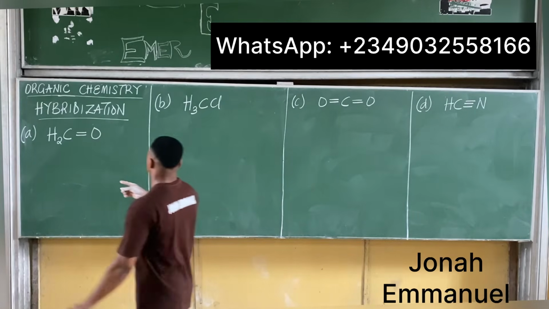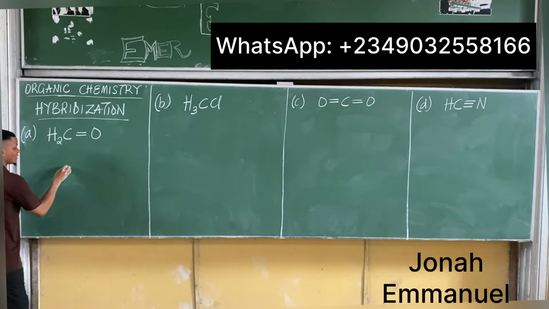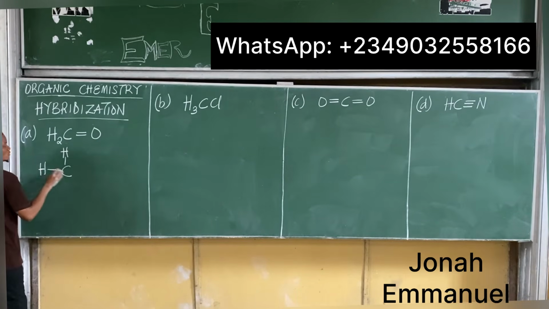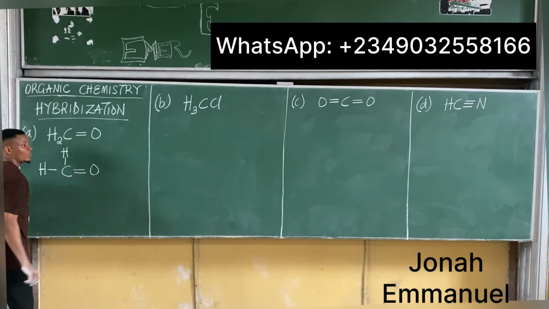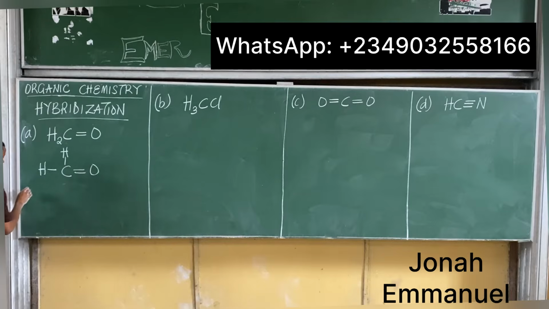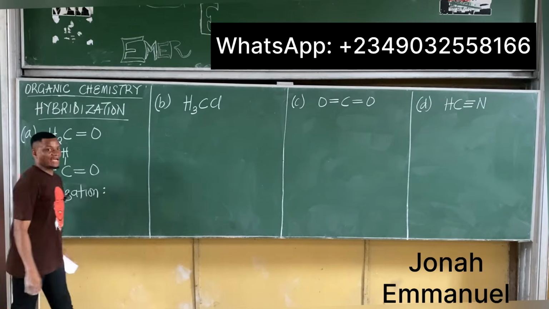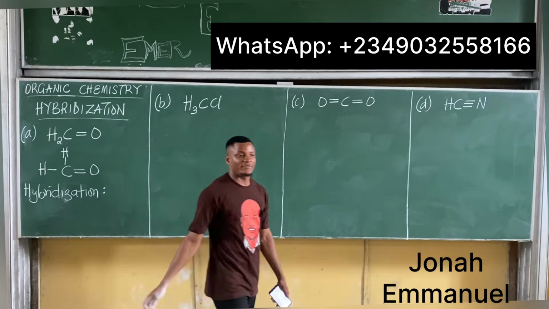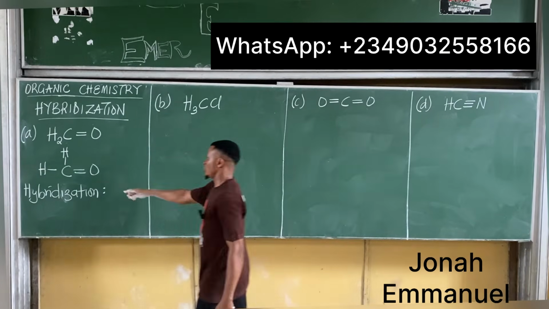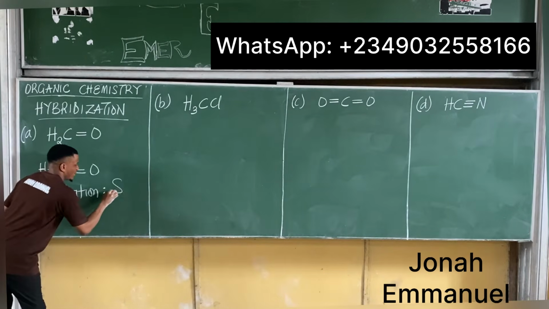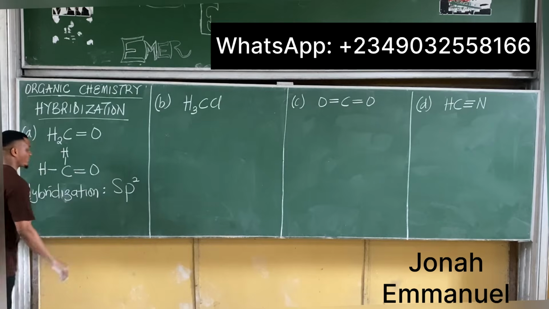For this one, CH2 becomes CH2 double bonded to O. All right, first things first, what is the hybridization pattern? Is it sp, sp squared, sp cubed, sp whatever? What do you have there? So I'm having a double bond. It becomes what there? sp squared hybridized.